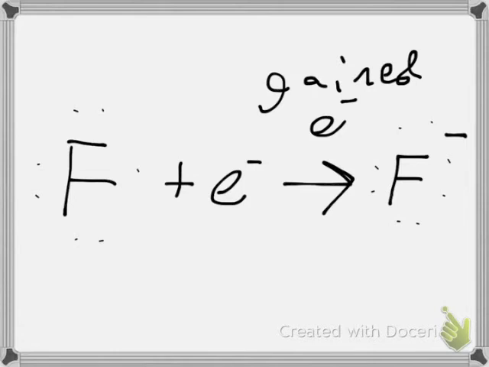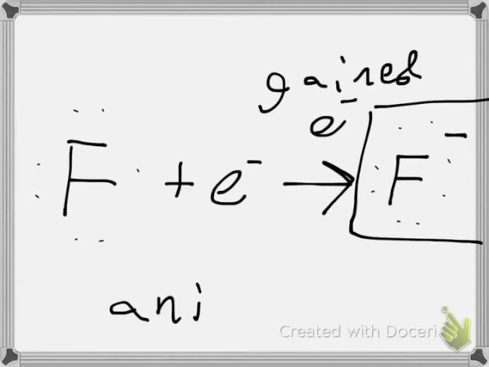And this right here that I'm boxing off is called an anion. An anion has a negative charge.